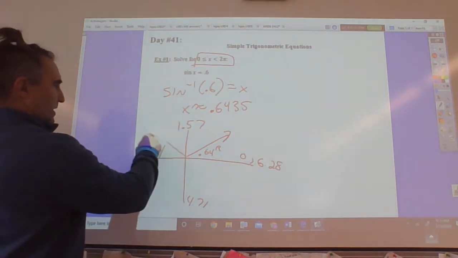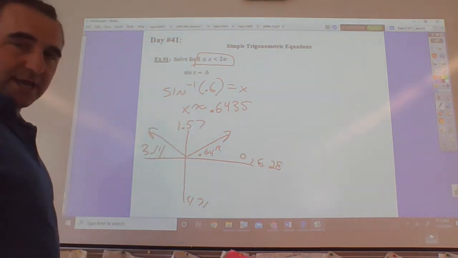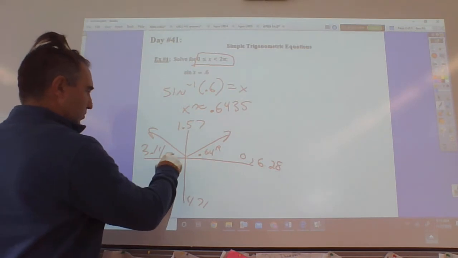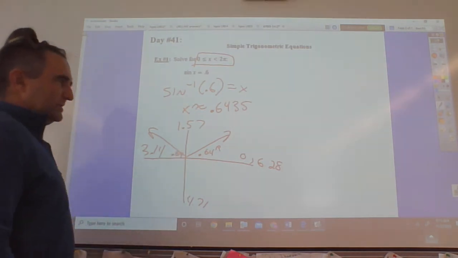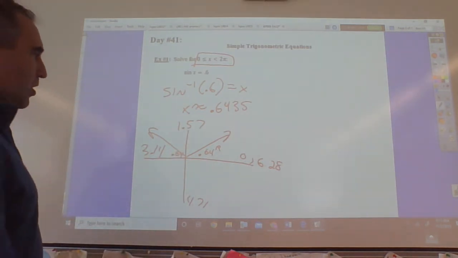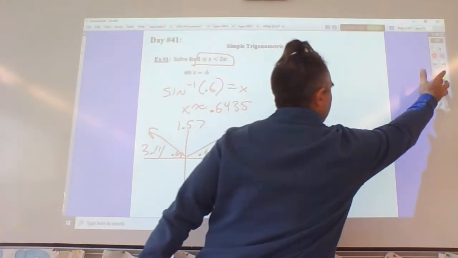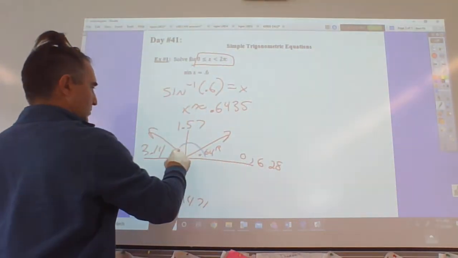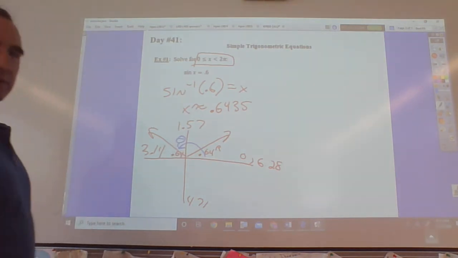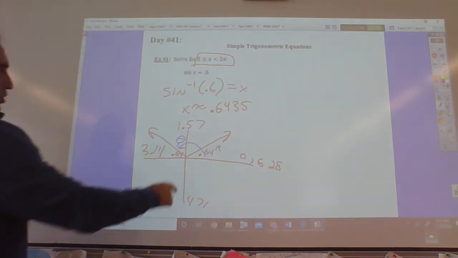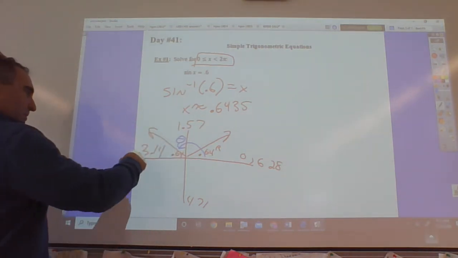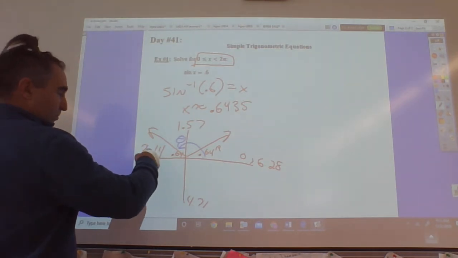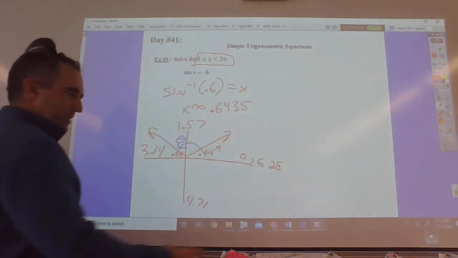It's also positive in the second quadrant. So a reference angle of 0.6435. What would be the angle that takes me from our starting position to that terminal ray? Well, pi minus the 0.64.